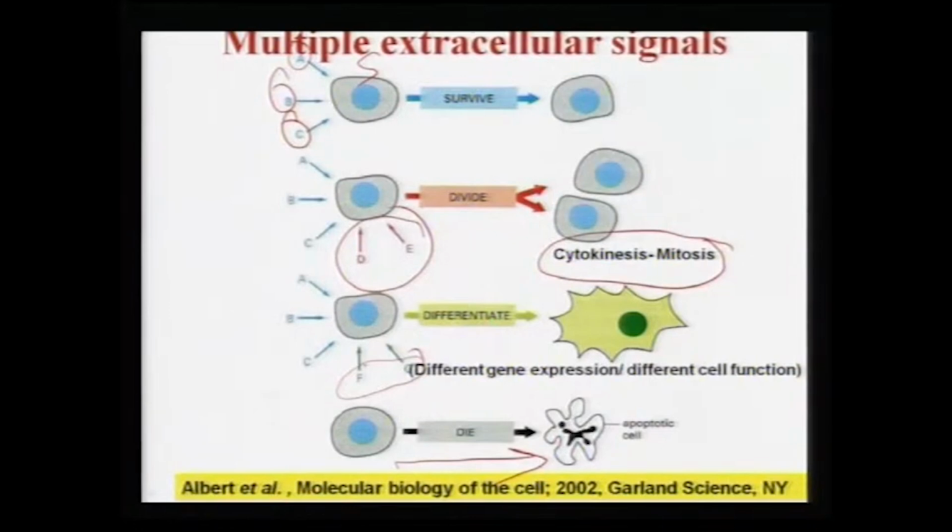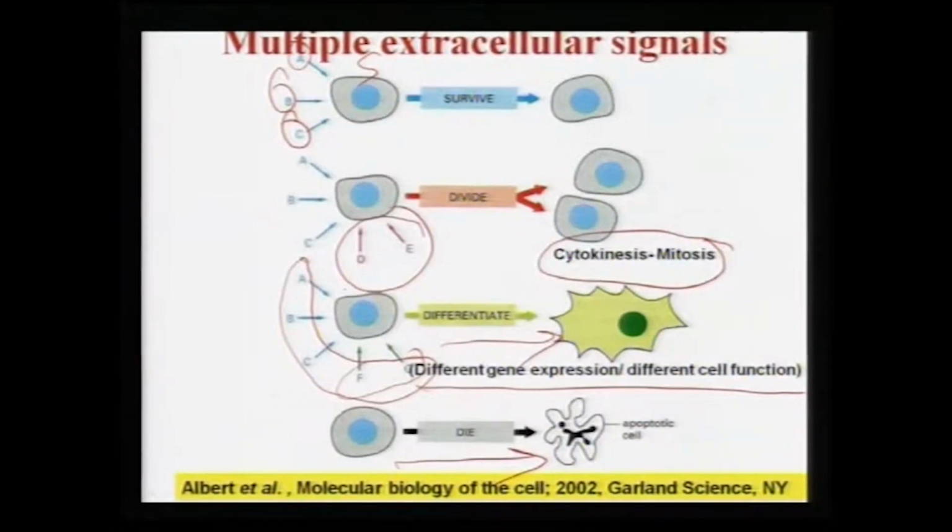Now, ABC and FG will help the cells to differentiate. Differentiation means different gene expression or different cell function. So this requires more signals. Cell differentiation is the result of the integration of A, B, C and F, G signals.